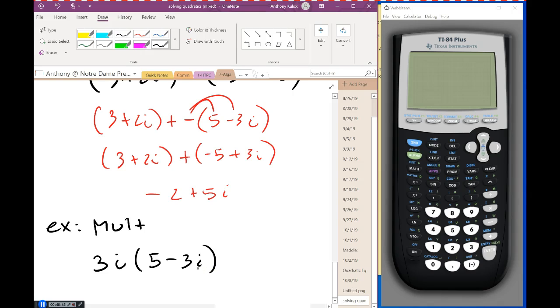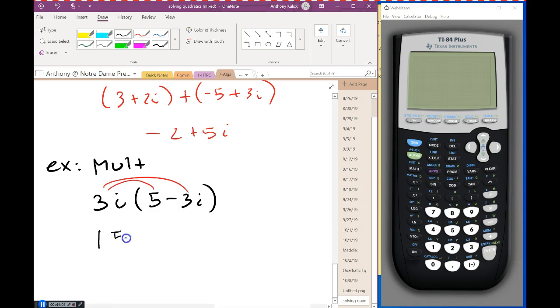What if I have a multiplication problem that looks like this? What would we hope we do here? Just distribute, right? That's exactly what we're going to do. So that gives me 15i minus 9i squared. But remember, what is i squared the same as?